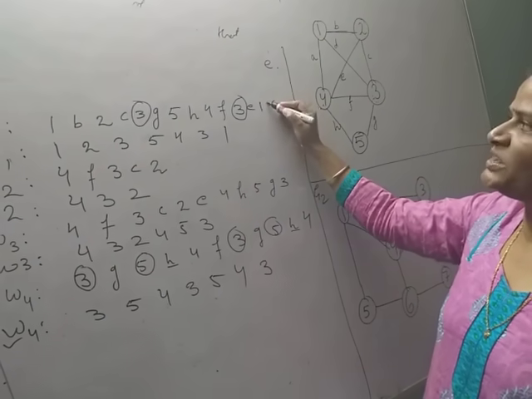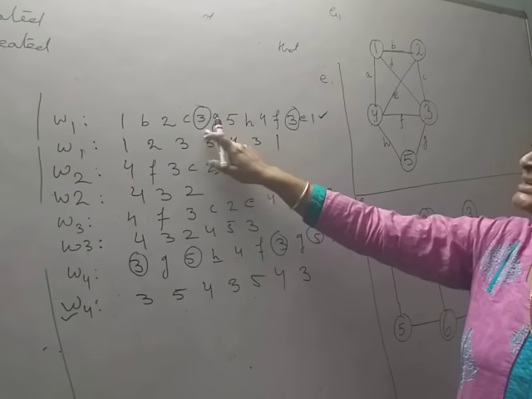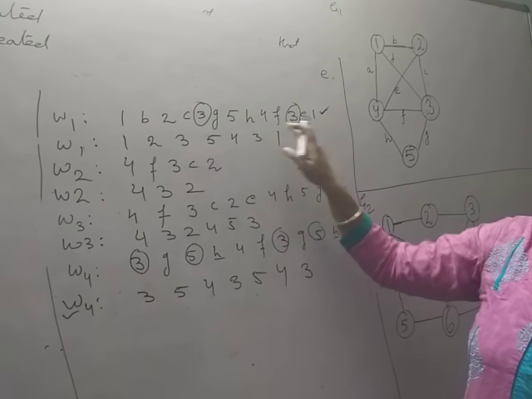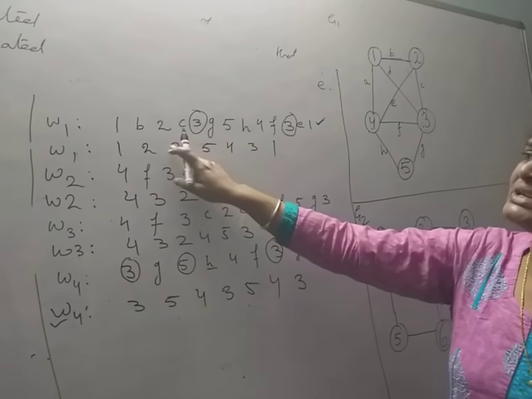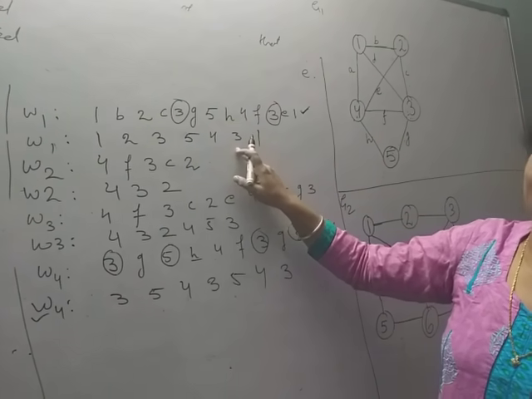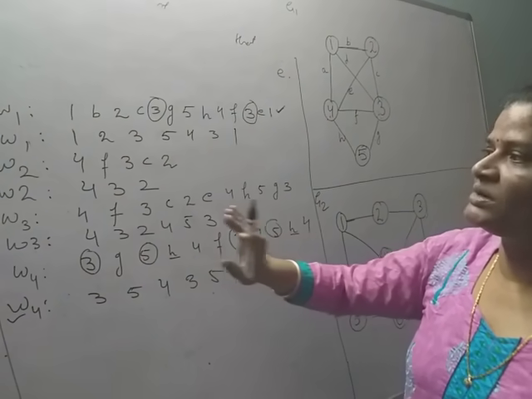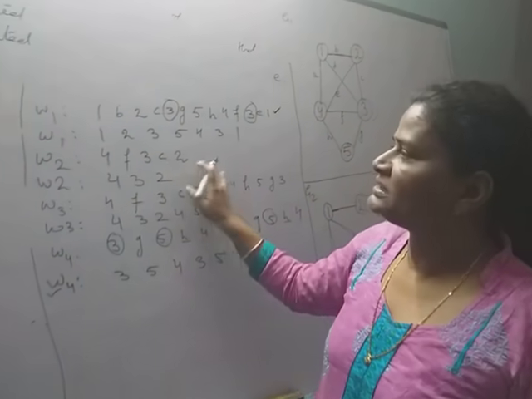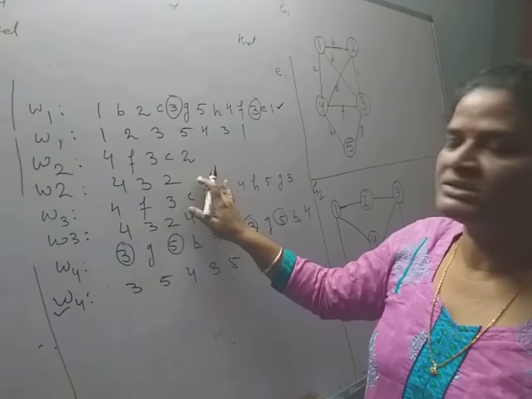There is no repetition of edge, but here see vertices are repeating. Just 3 is repeated, but edge is not repeating. Okay? So this walk is a trail. Now consider this walk. This walk is also a trail.